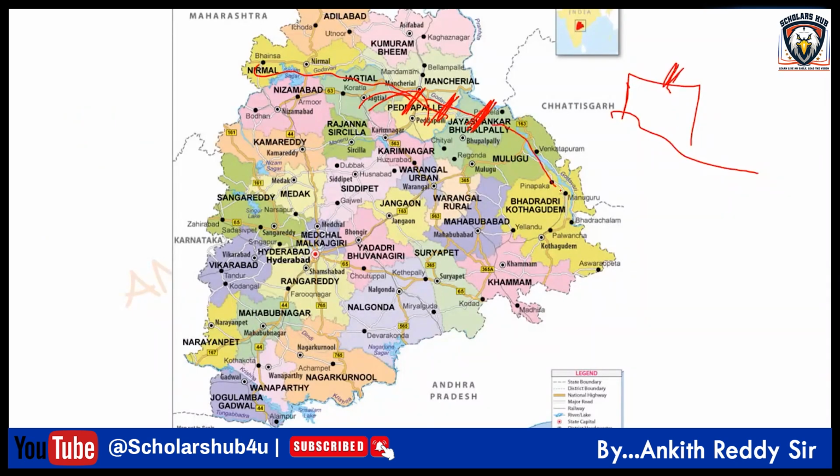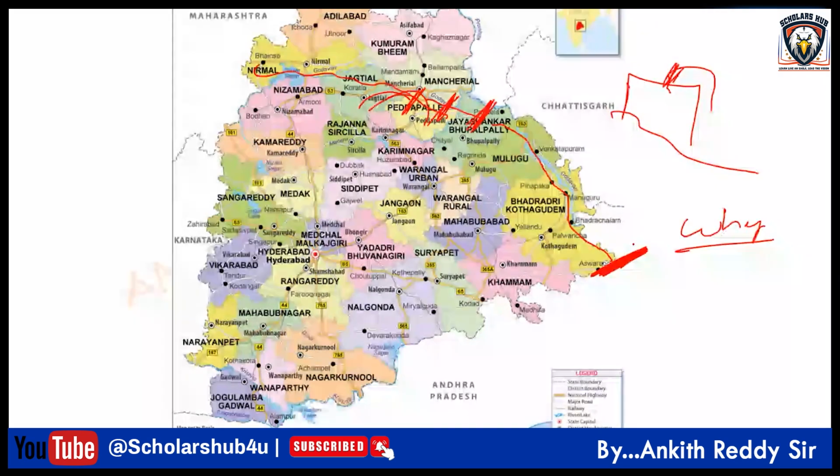Same on River Godavari, in the Andhra region, they are constructing Polavaram here. Okay, they need not construct lift irrigation projects. Why? They don't require any lift irrigation projects in this region once the Godavari enters into Andhra. Why?